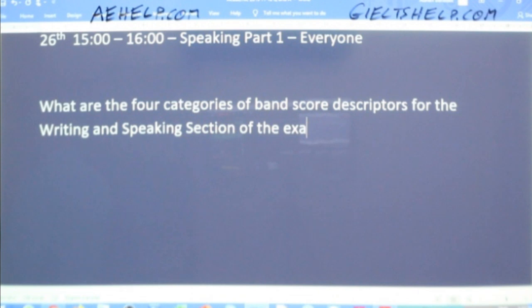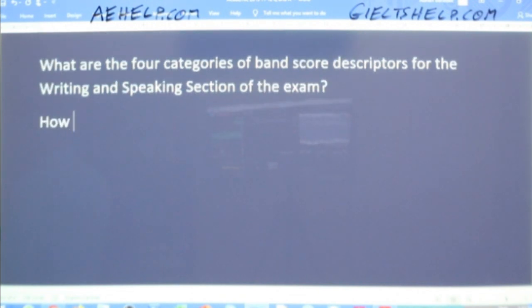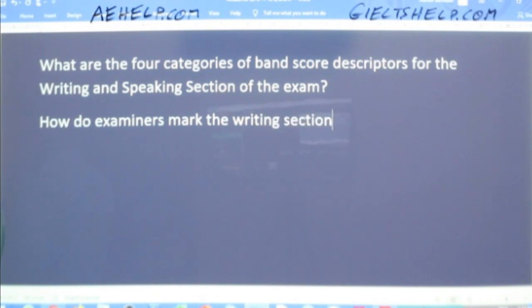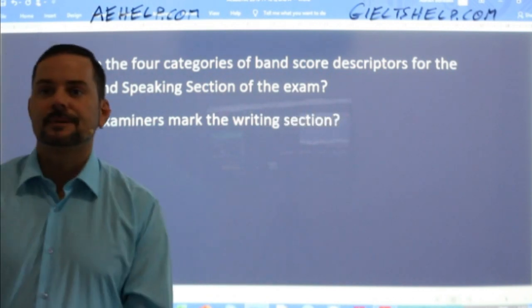Let's start with 1. So how do examiners mark the writing section? Does anybody have an idea around that?